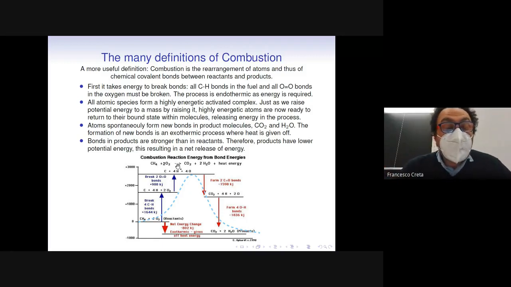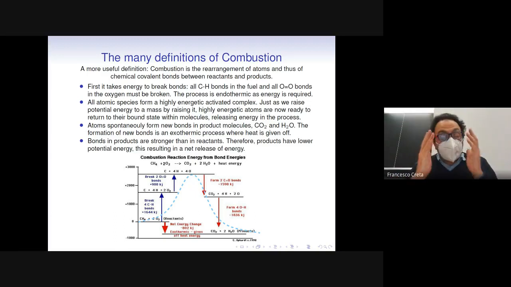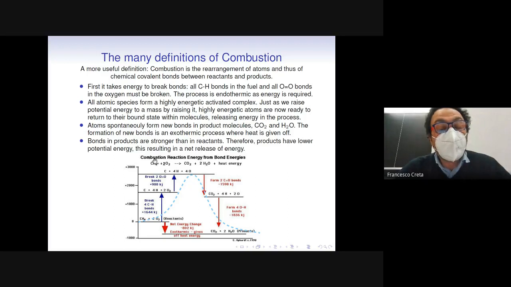But for the time being, it is essentially pointing towards an energetic process from start to finish. We're not really interested in what is going on in the middle or how fast this process is. It's really between two states of equilibrium, okay?